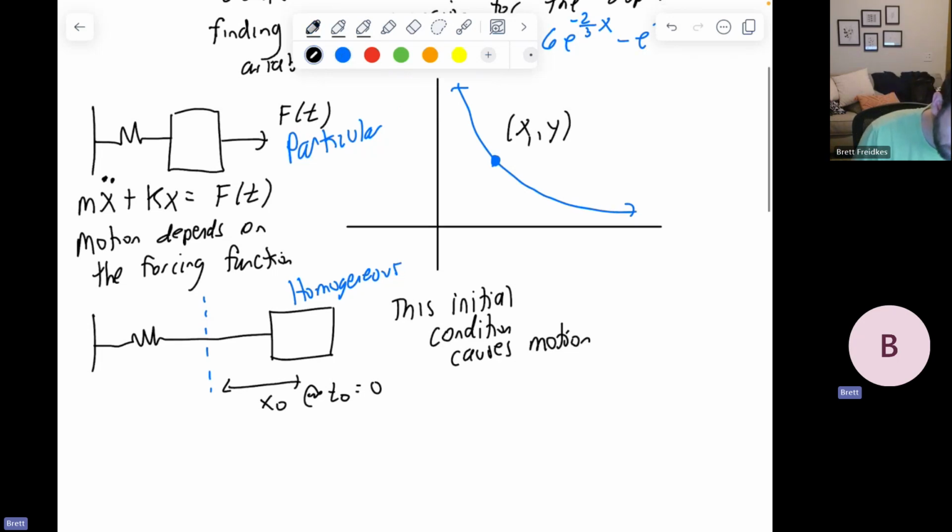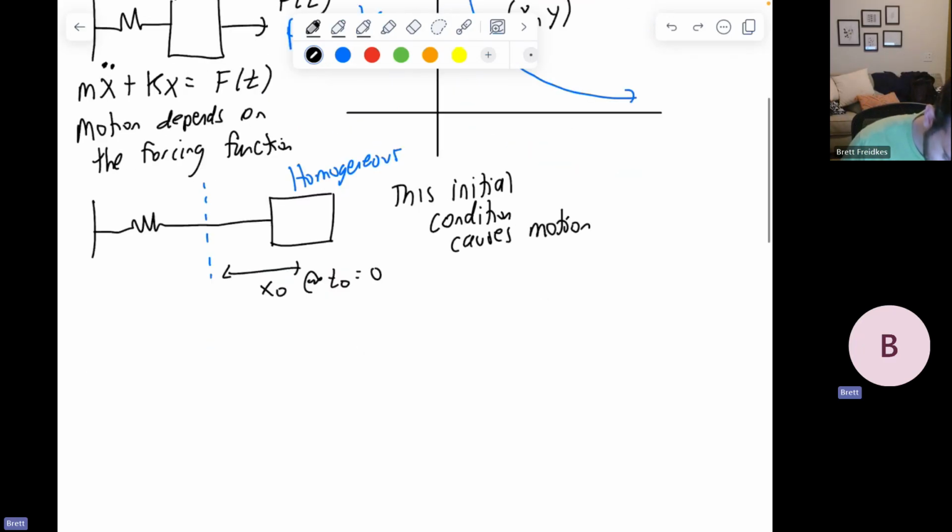If you have something on the right, you can solve for it, and that will give you the motion due to the force. If you have nothing on the right, meaning it's 0, then you have the solution x based solely on the initial condition, and the sum of them determines the entire motion.